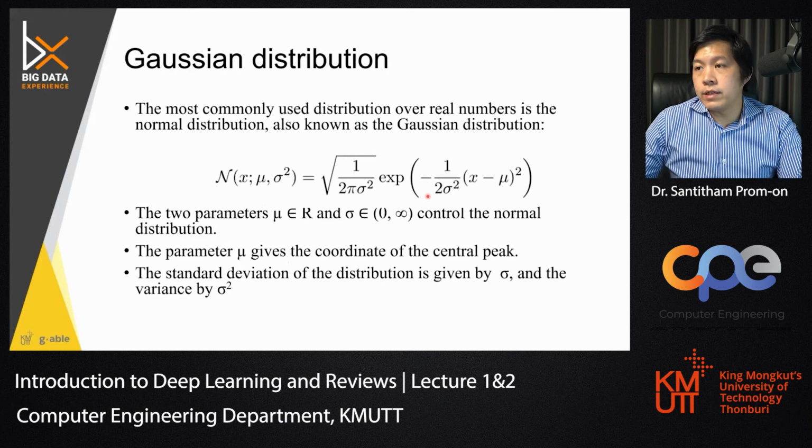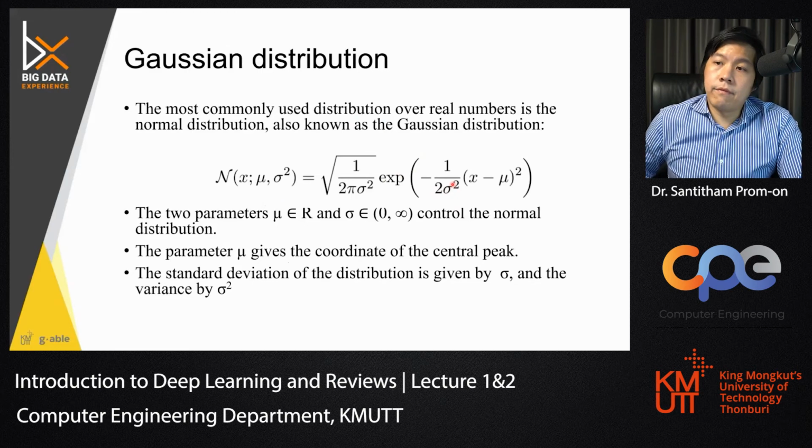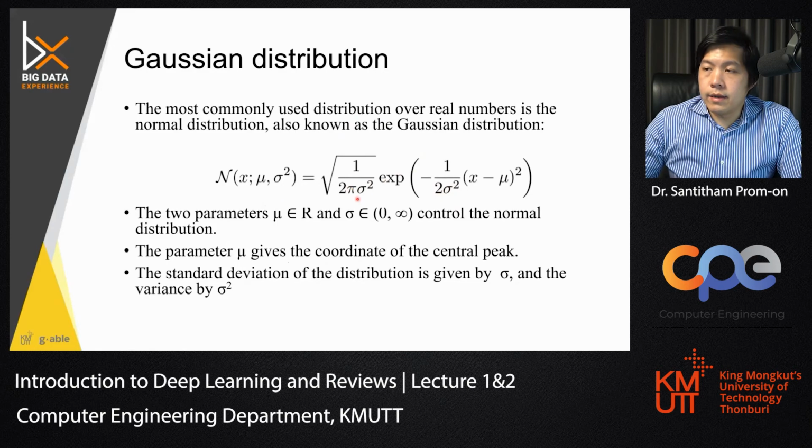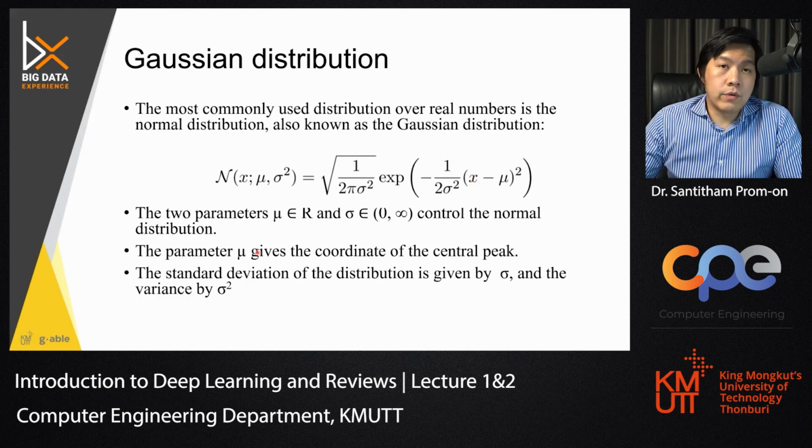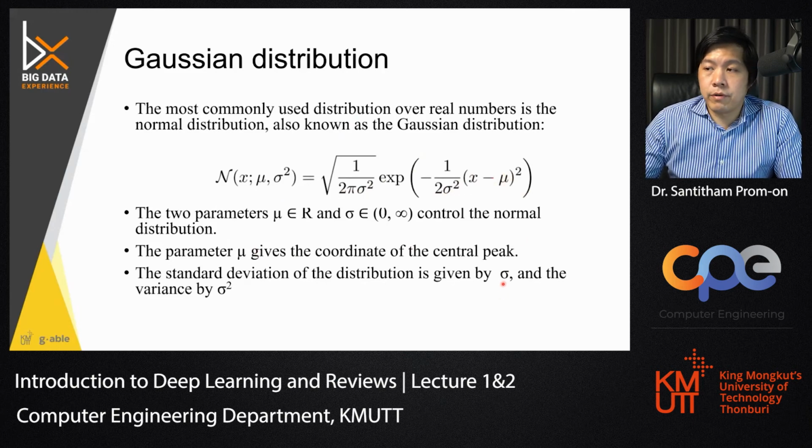That's why we have this reduction, this inflection, from the exponential values. Sigma controls the shape of the distribution. It scales the value itself, and it also scales the expansion of the exponent here.